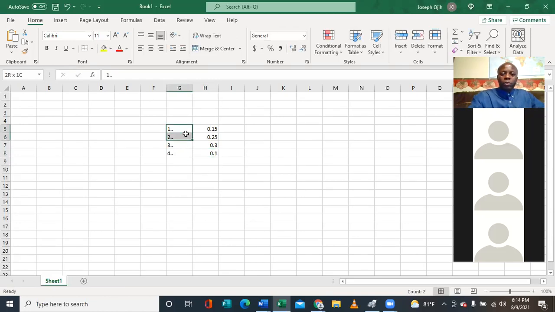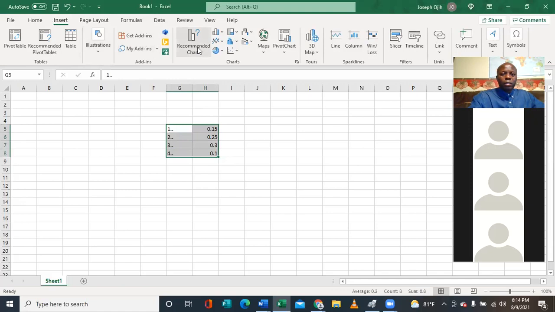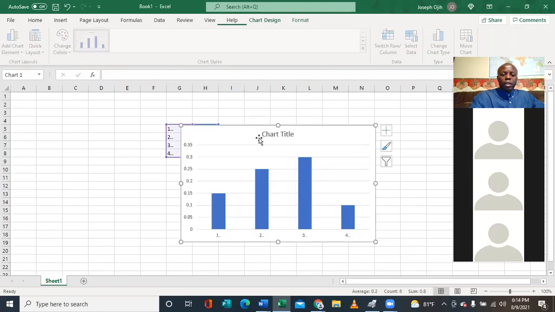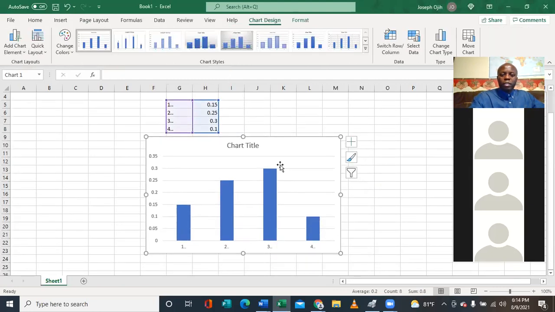This is what you plug into Excel, and you draw this chart in Excel. I will have it in this form. See, this is the chart you draw in Excel.